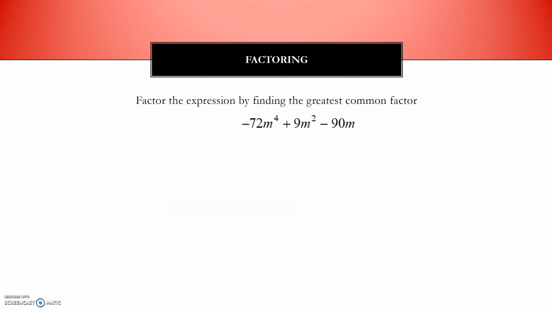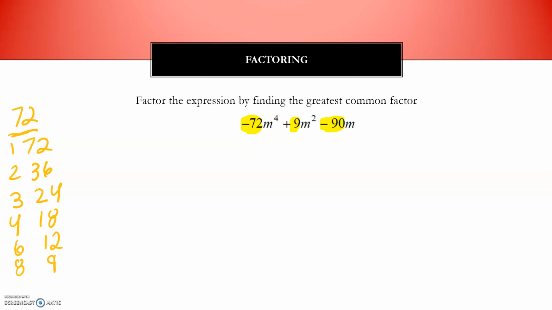I can do this with polynomials that have more than 2 terms, of course. So first, for the numbers, I would take, in this case, negative 72, 9, and 90. So 72 has factors 1 and 72, 2 and 36, 3 and 24, 4 and 18, and then I have not 5, but I have 6 and 12, and not 7, but I have 8 and 9.